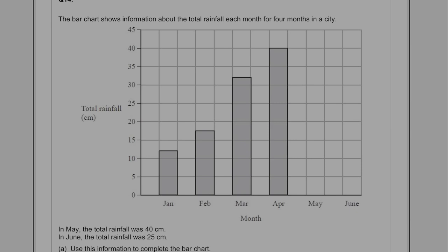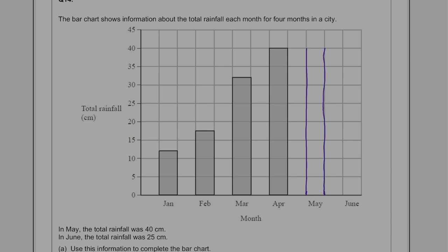Okay, so you should use a ruler, obviously because I'm writing on a screen, I'm not going to be using a ruler, but we're going 40 centimetres for May, so we need the same gap between all of them. This is going to be where our bar will be, and we need to go up to 40, so that's going to be my bar.